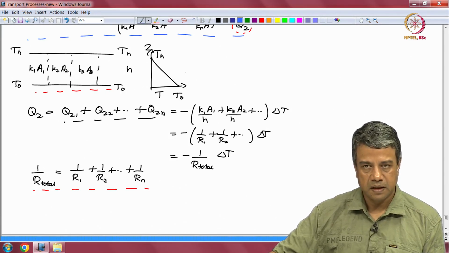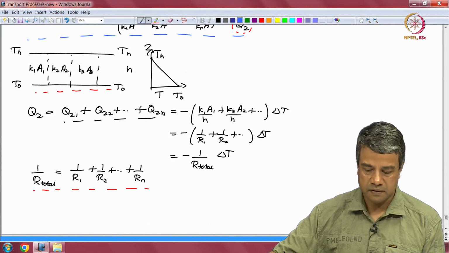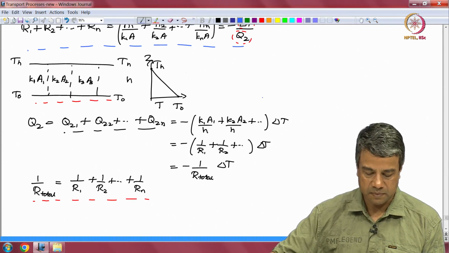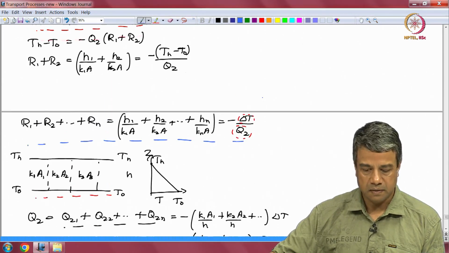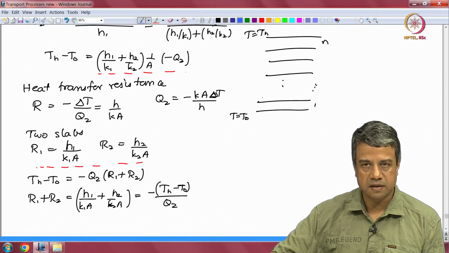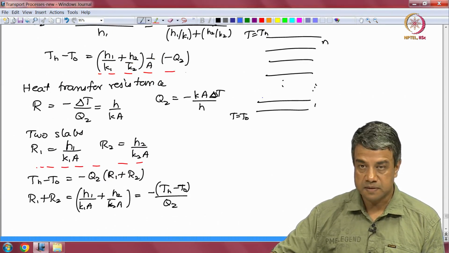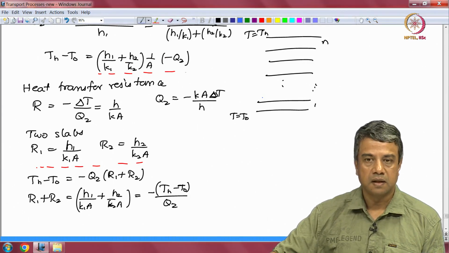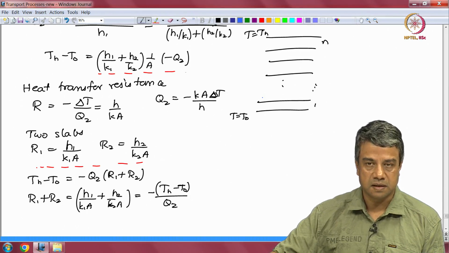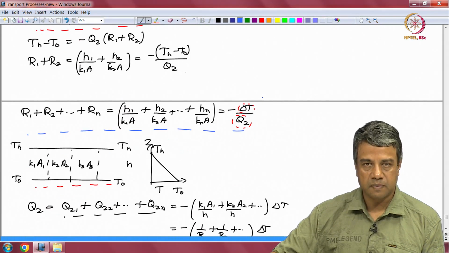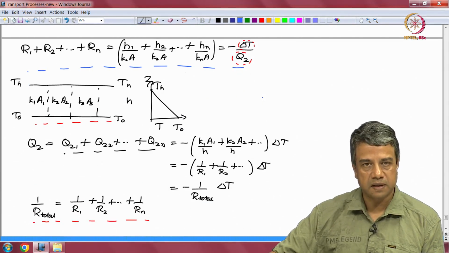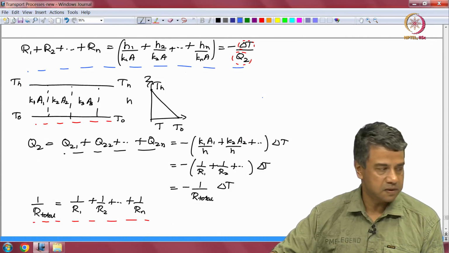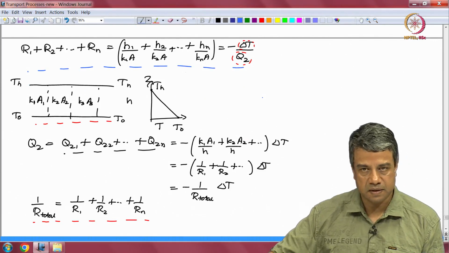And you can combine the resistances in different forms, in the series form or the parallel form, where the series configuration is where the transport rate is a constant, but the temperature difference across each of those materials changes, whereas the parallel form is where the temperature difference across each material is the same, but the fluxes through each one are different. So, these were the different forms that we had solved.